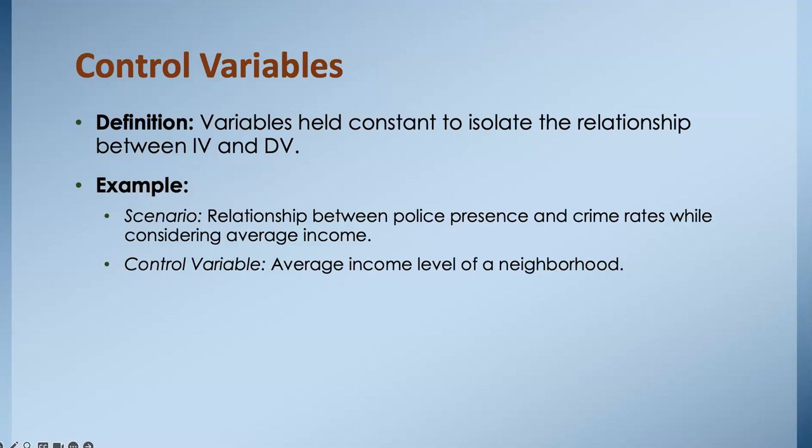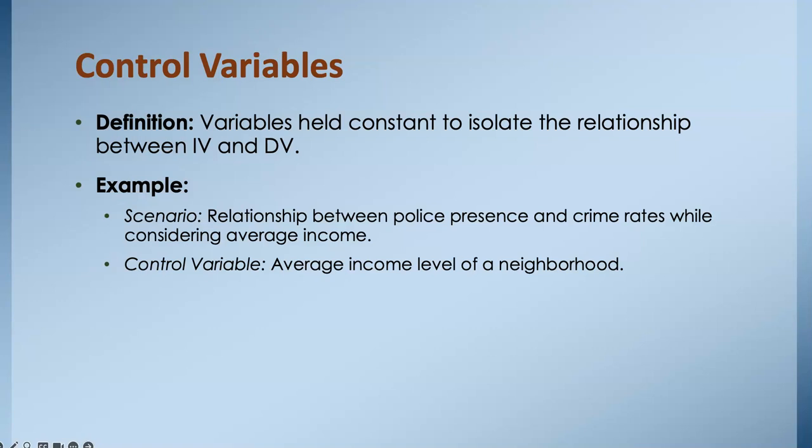The average income level of a neighborhood might be controlled in our study to ensure that observed changes in crime rates are due to the police presence and not the economic factors. So how are we going to control the average income? We're only going to look at neighborhoods that have an average income, so that variable doesn't impact our study.